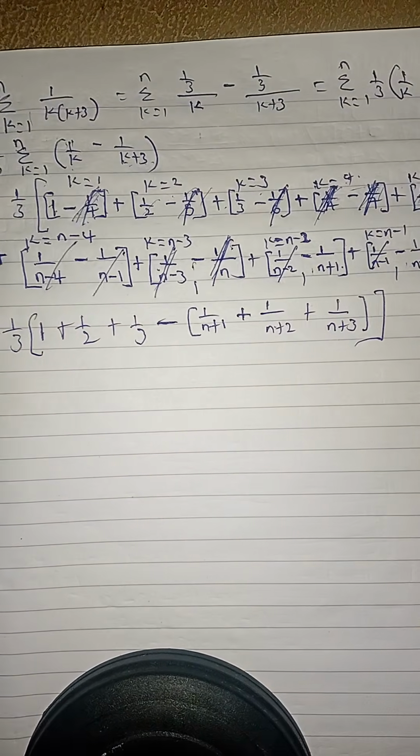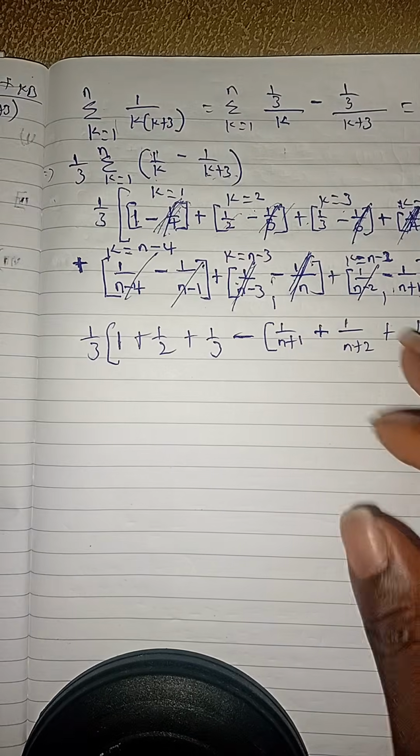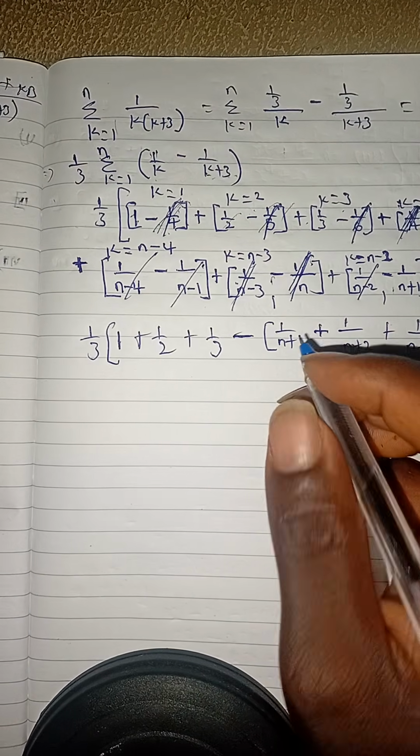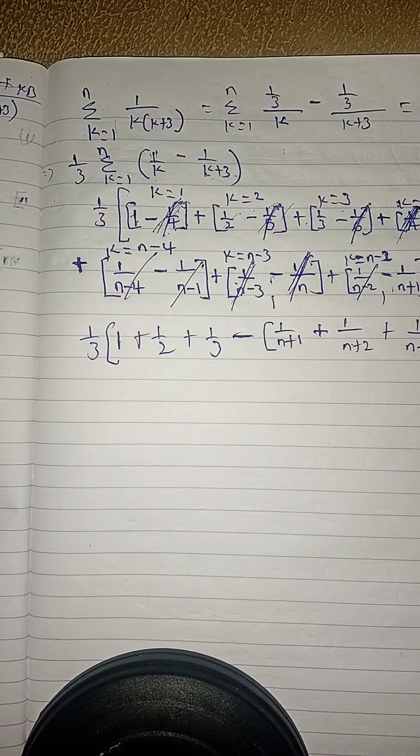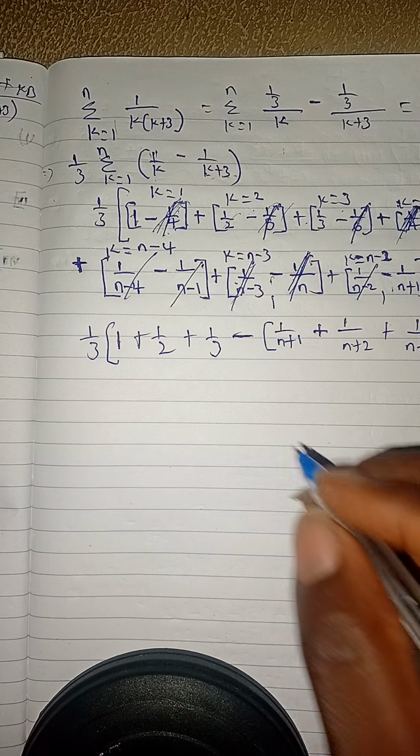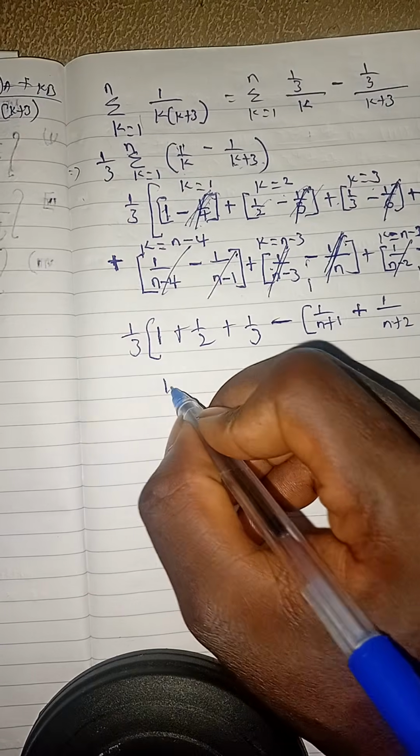You can simplify further, find the LCM, break it down. But me now, if my n tends to infinity, will I get a definite answer? That's what I want to check. You can simplify this further to just get an expression for the sum of n terms, whether n is tending to infinity or not. But if my n is tending to infinity, I have a limit.